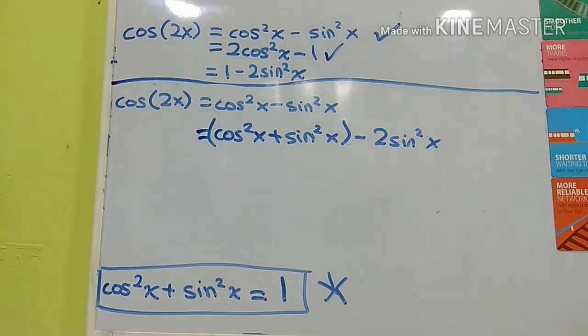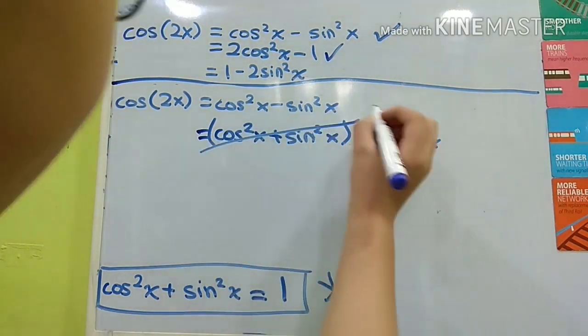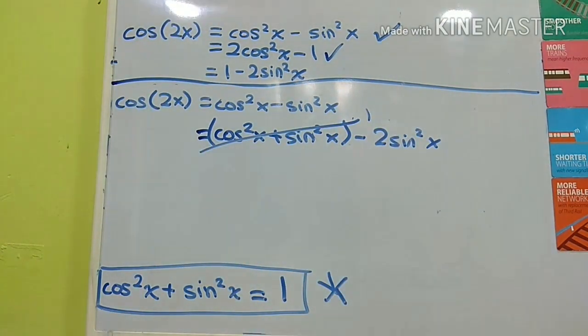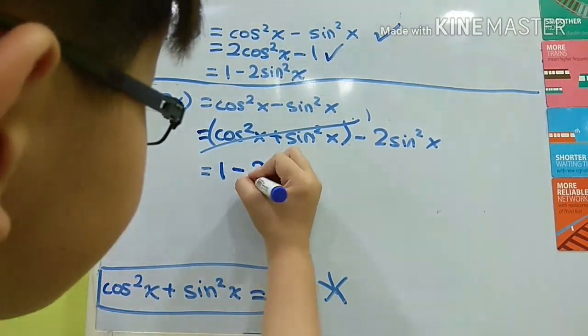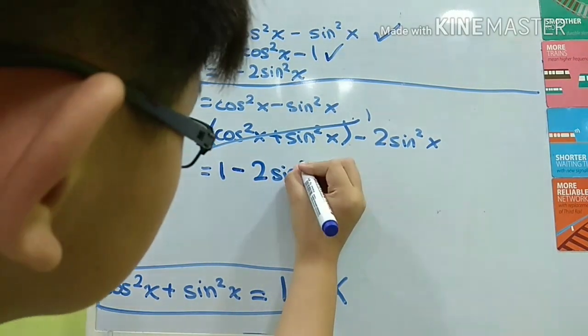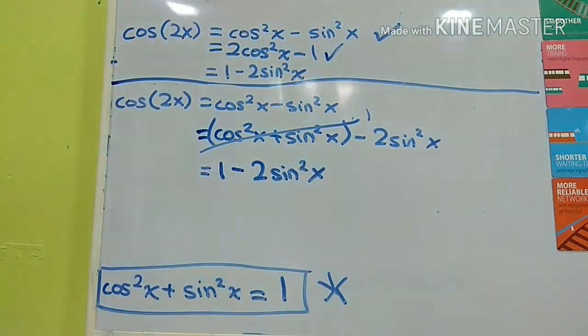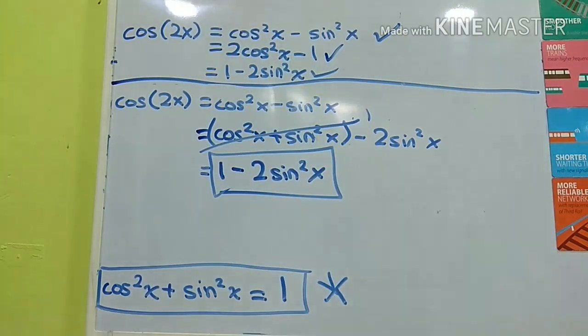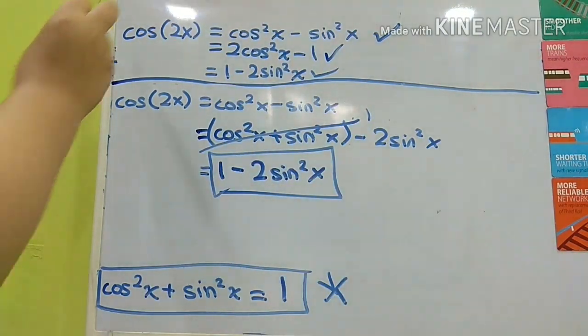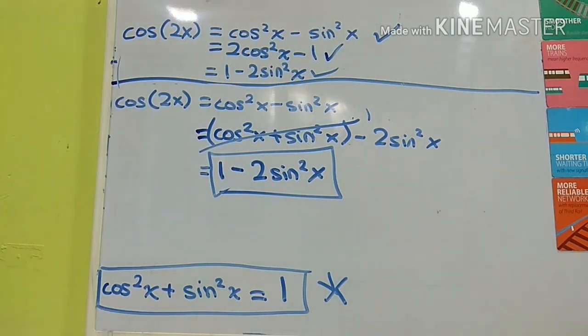With this, again, using my magic, I can just replace this for 1 with this Pythagorean identity. And thus it gives us 1 minus 2 sine square of x. And thus that's our last one solved. We've gotten all of this just using the cosine angle sum formula and the Pythagorean identity.